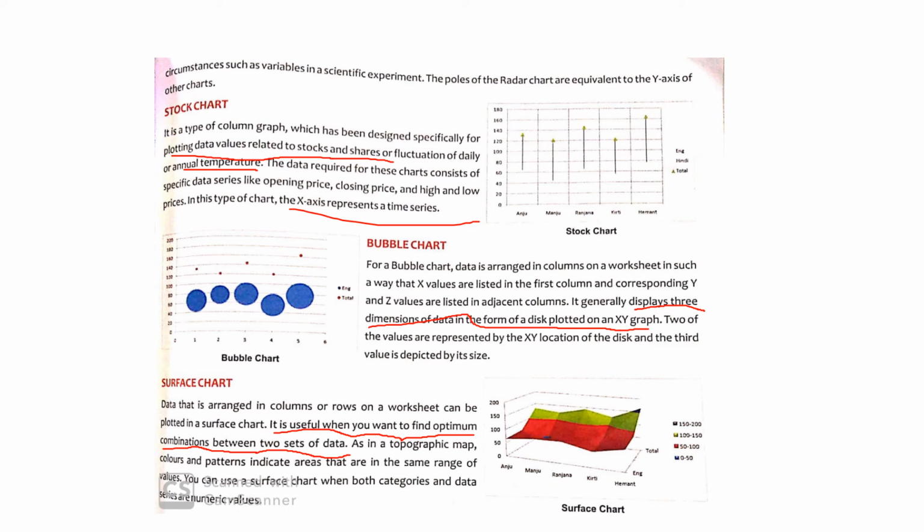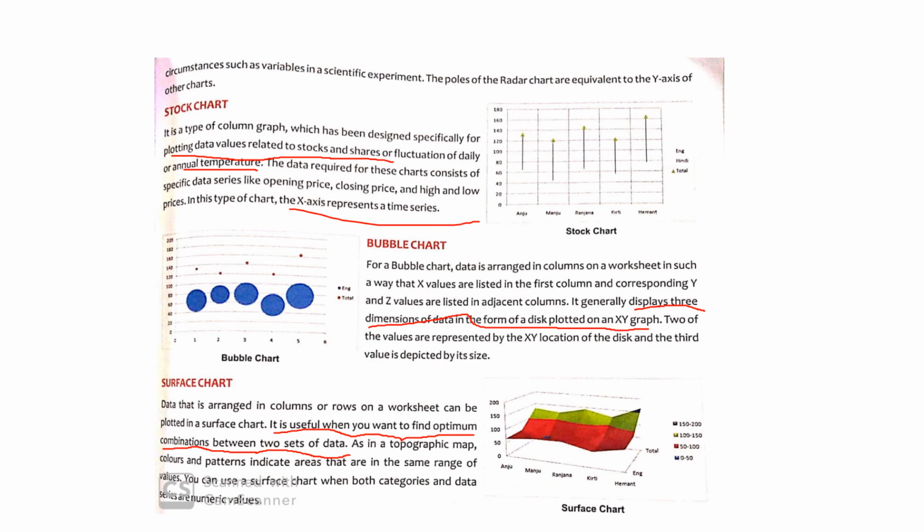Surface chart, it is one of the typical types of surfaces. It is generally used when we want to find the optimum or balanced combinations between two sets of data. As in a topographic map, colors and patterns indicate areas that are in the same range of values.